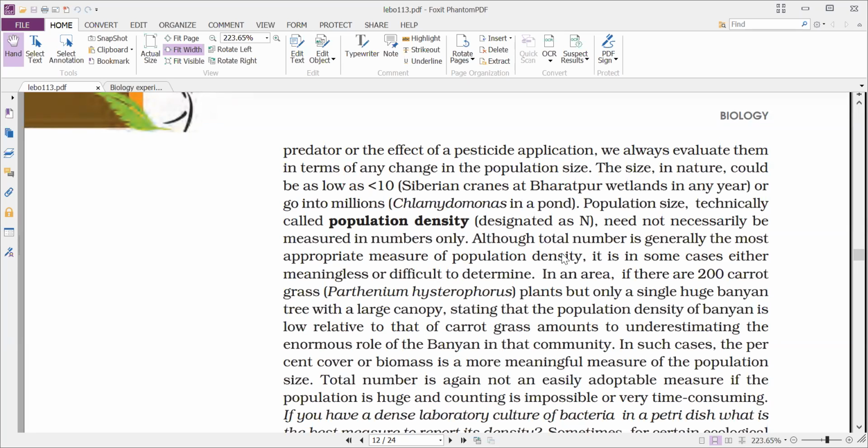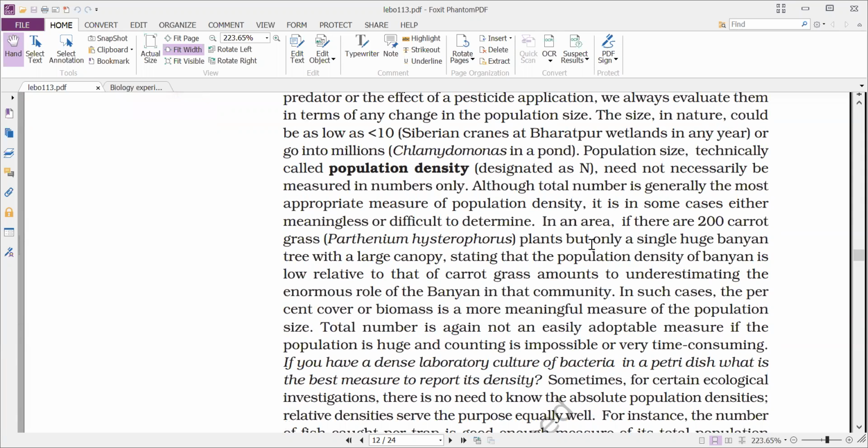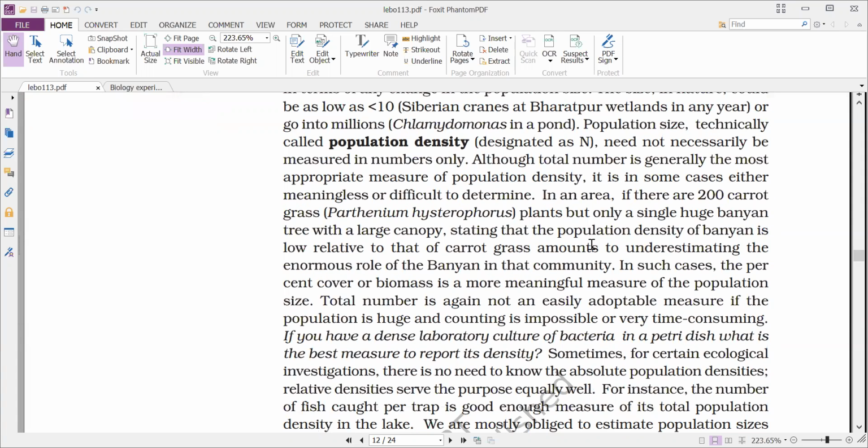So a single banyan tree has a large ecological role. We can't say that the single banyan tree is of no value, but it has an enormous role in that community when compared to the carrot grass.